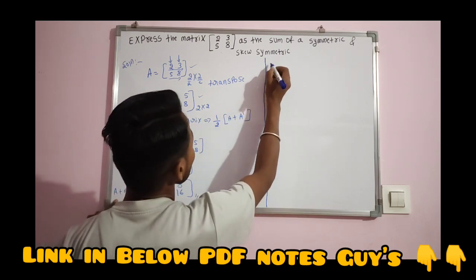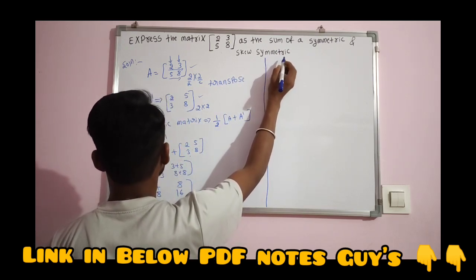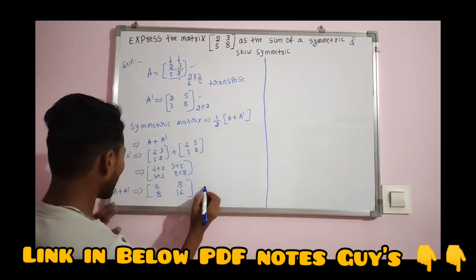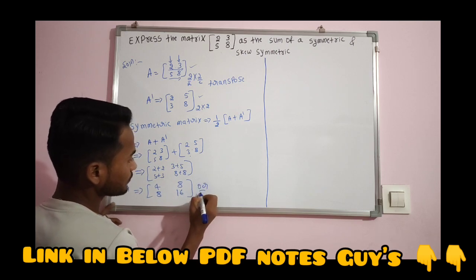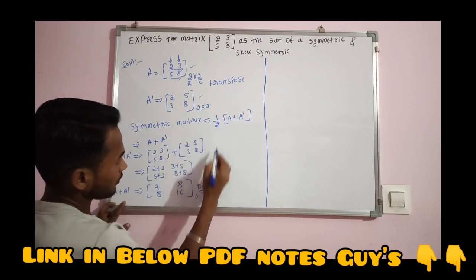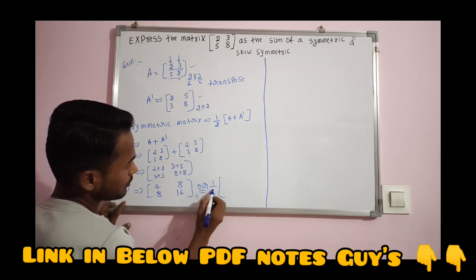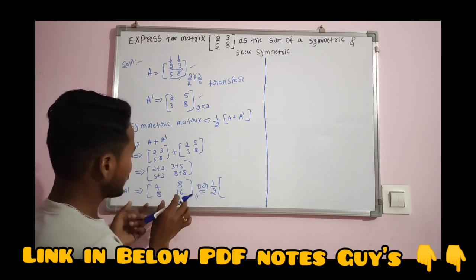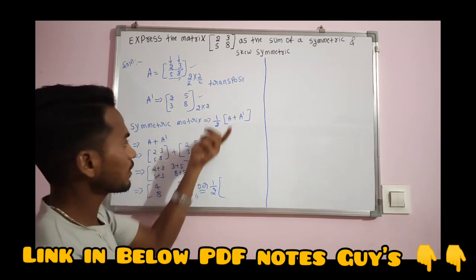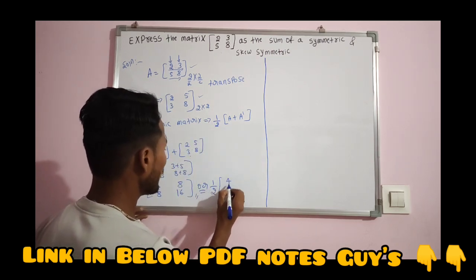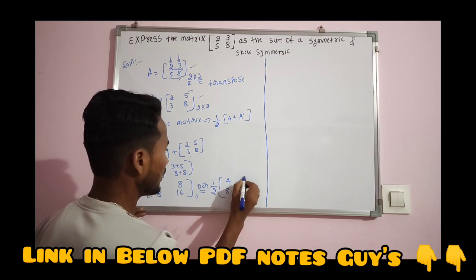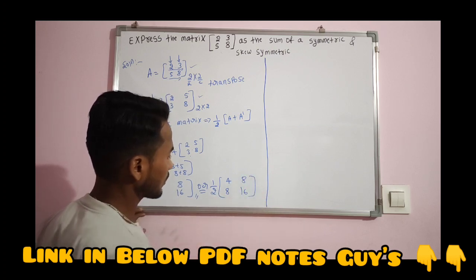Okay. What is a skew symmetric matrix? This is the formula 1 by 2. So 1 by 2, I will directly write this one, 4, 8, 8, 16.